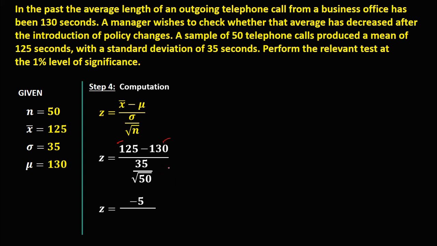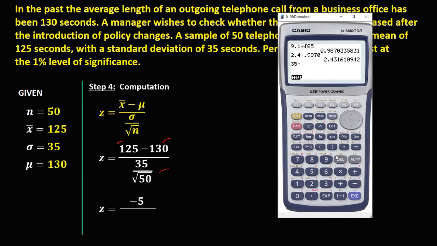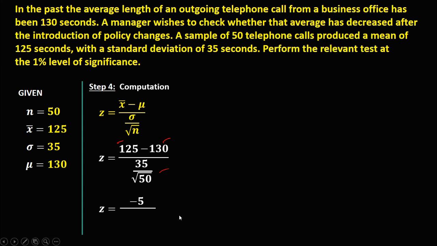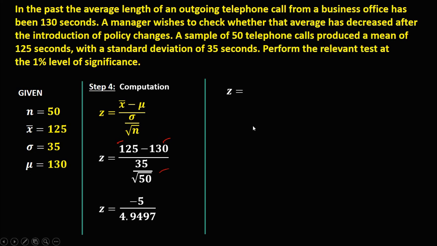Then 35 divided by the square root of 50 is 4.9497. To solve now for Z, negative 5 divided by 4.9497, so Z is equal to negative 1.01.